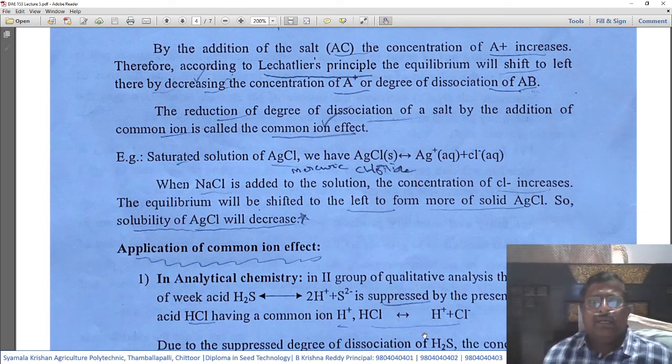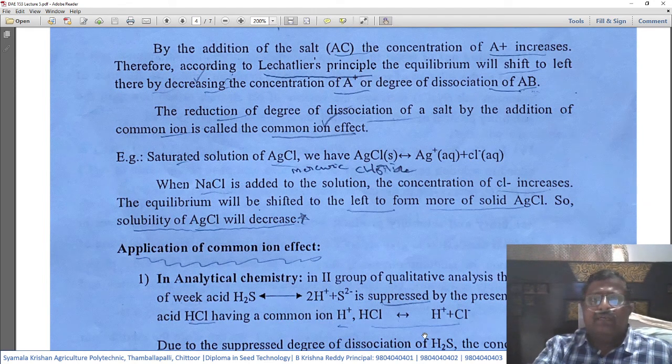silver chloride. We have silver chloride which is a solid, and when it is in a soluble state, ionization will take place and it dissociates into silver Ag plus, that is aq, meaning aqueous solution, when it is in water, plus chlorine minus, that is also in solution.